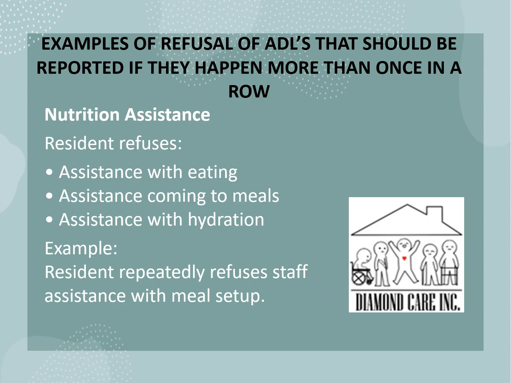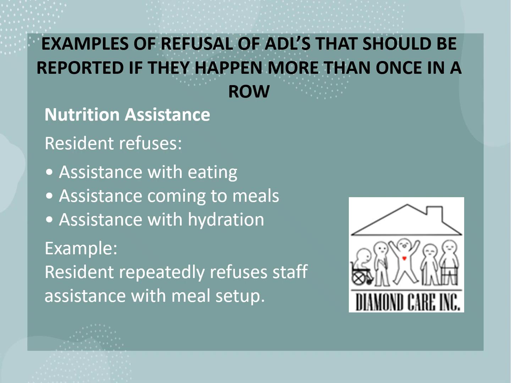And so we need to make sure that we are notified right away on our diabetics who are refusing meals. However, if somebody who's non-diabetic refuses one meal a day, 3 days in a row, we need to know. If they refuse to drink, if they refuse to come out to eat meals, these are all things that we need to know, but it's not a UIR reporting, it's an ADL reporting.